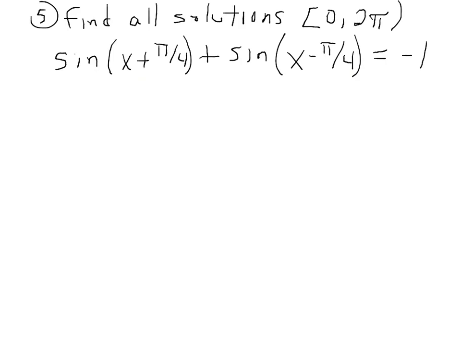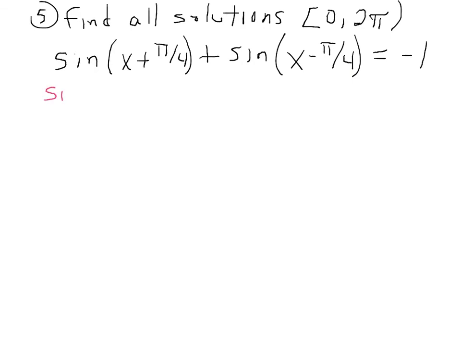Problem number 5. Find all solutions from 0 to 2 pi of the equation sine of the sum of x plus pi over 4 plus sine of x minus pi over 4 equals -1. Okay? So we're going to go right to the sum and difference formulas.